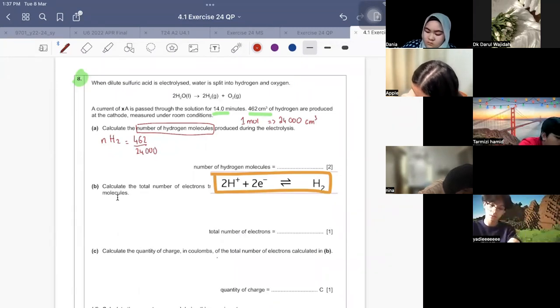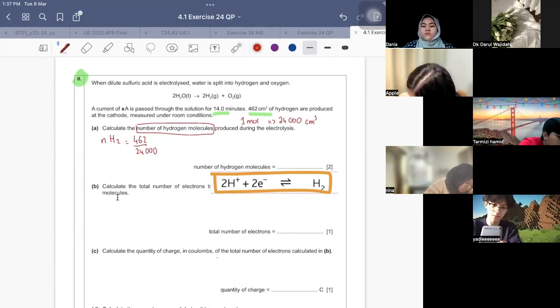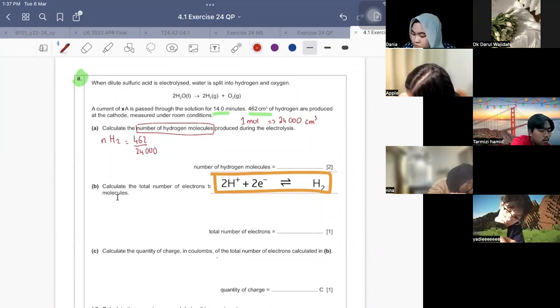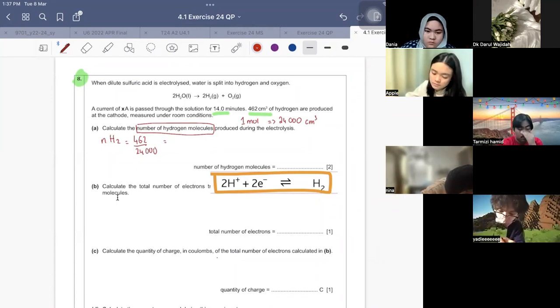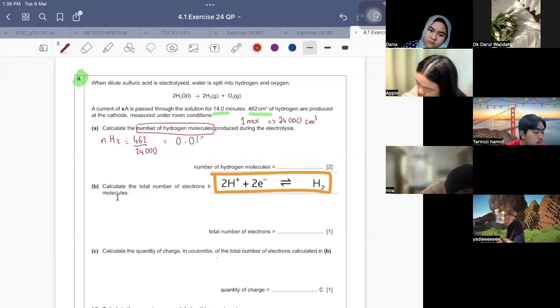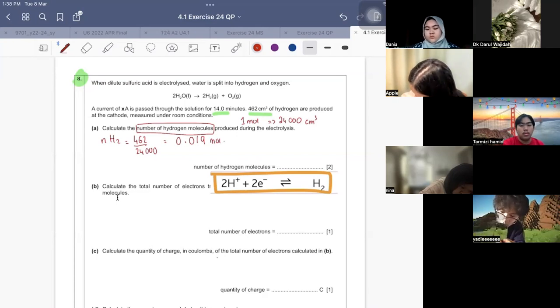Okay, and it is a gas, therefore we use the concept of 1 mole of any gas occupies 24,000 centimeter cube or 24 dm cube. So that's 462 divided by 24,000. And that should come out as 0.019 mole.